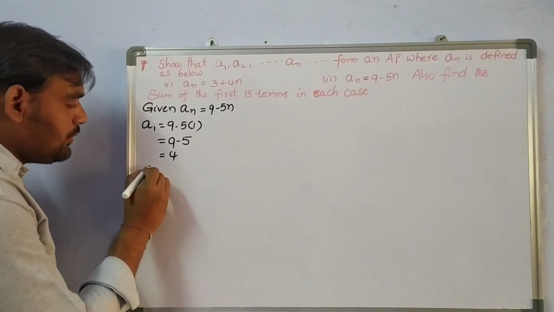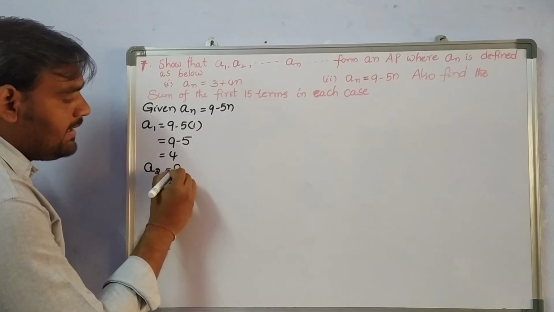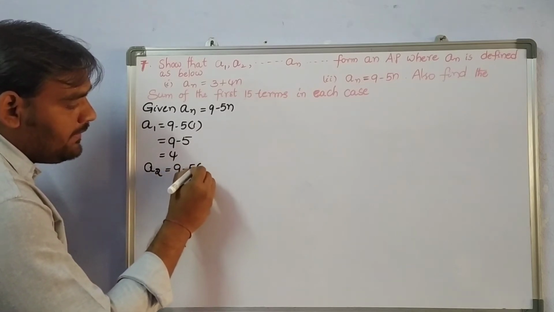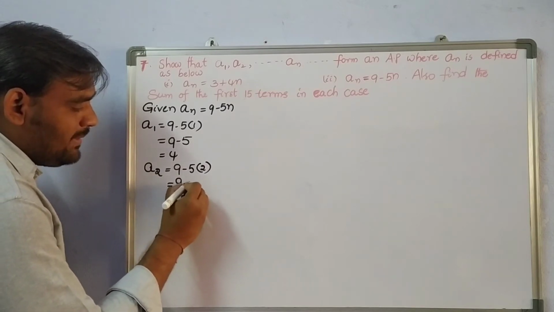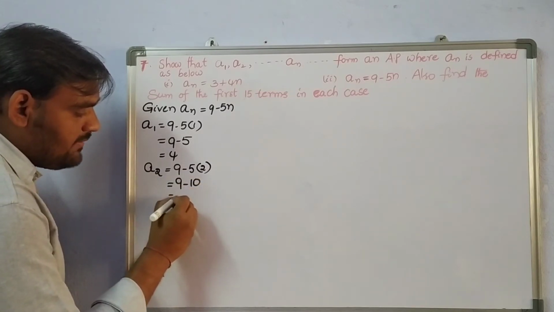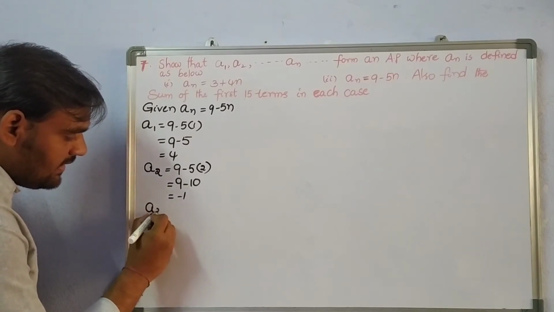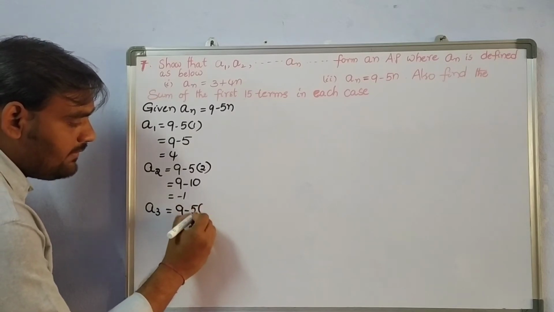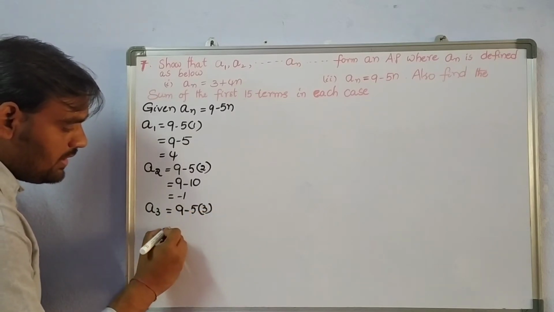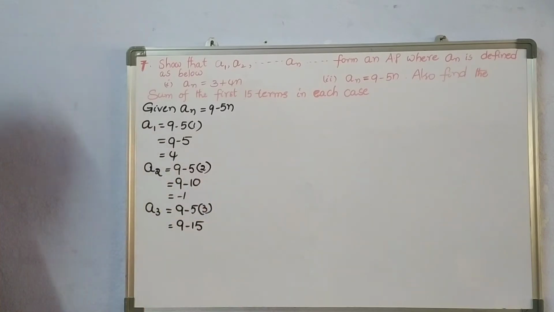Next, A2 is equal to 9 minus 5 into 2. Now 9 minus 10 we will get, so its value is minus 1. Next, A3 is equal to 9 minus 5 into 3. So here we will get 9 minus 5 3s are 15.